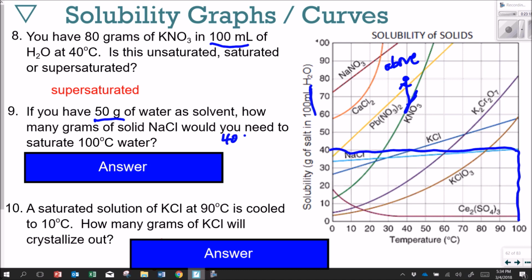So 40 grams will dissolve in 100 grams of water. So I do my proportion. 40 will dissolve in 100. So how much will dissolve in 50? And I get x equals 20. So 20 grams will dissolve.